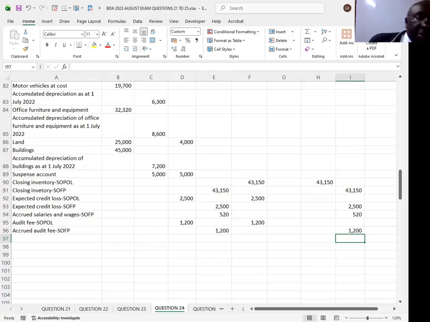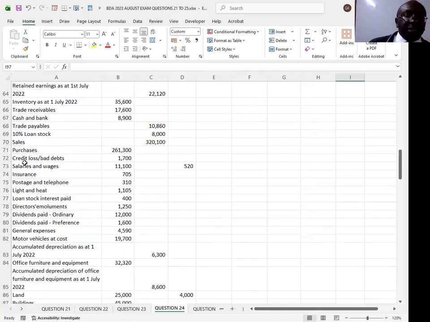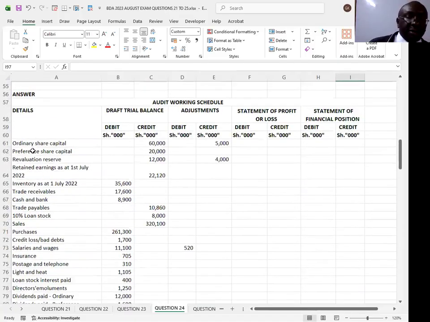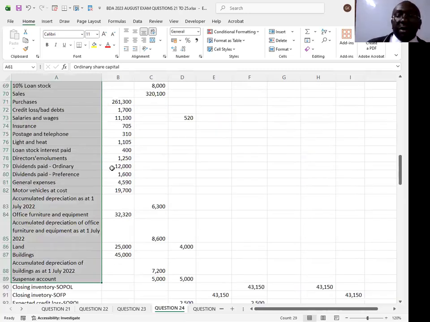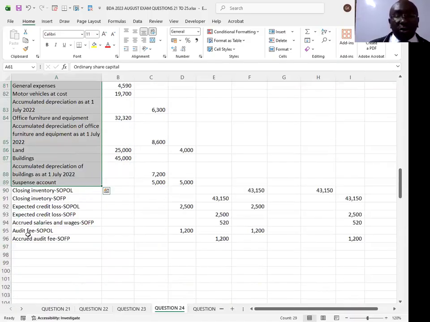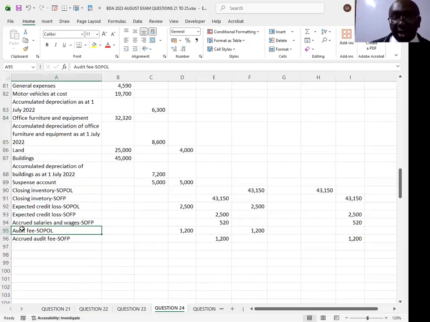Joy, I have said audit fee, now that we are not able to find it in this list. Hapa. Kuanzia hapa mpaka kwenye tulikuwa tumepewa, it means audit was done but never paid for and recorded. So, because audit was done, that's an expense. So, an expense is always debited.